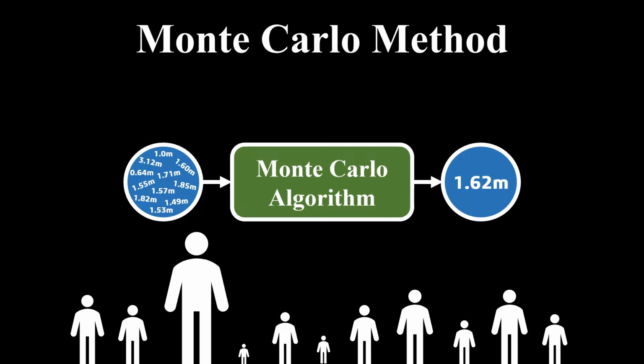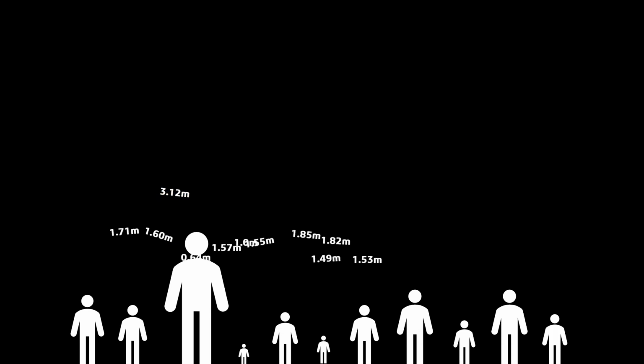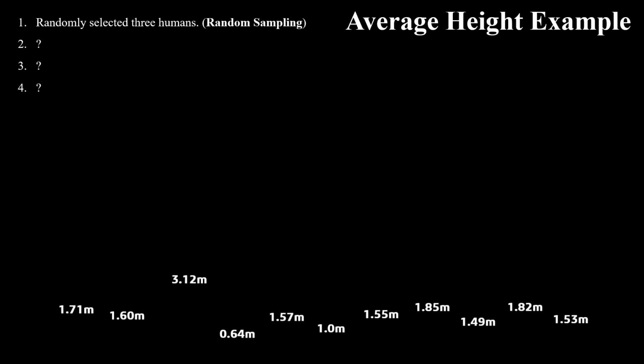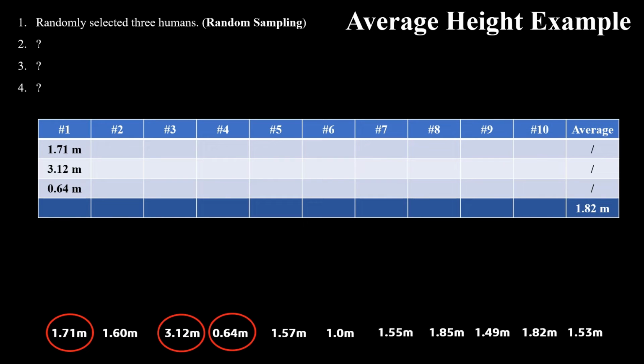Now let's break it down in 4 steps. Step 1 would be to do a random sampling, where we randomly choose a subgroup of humans we will study, say 3 humans. The next step involves modeling. So in our case, the computational model would be to compute the average height of the 3 selected humans.